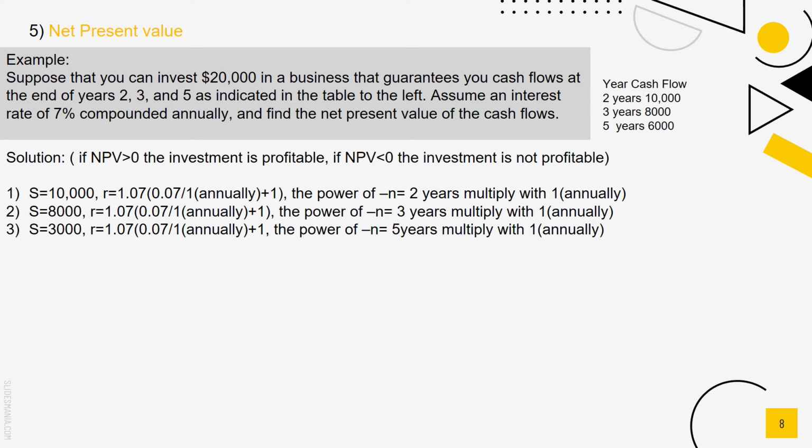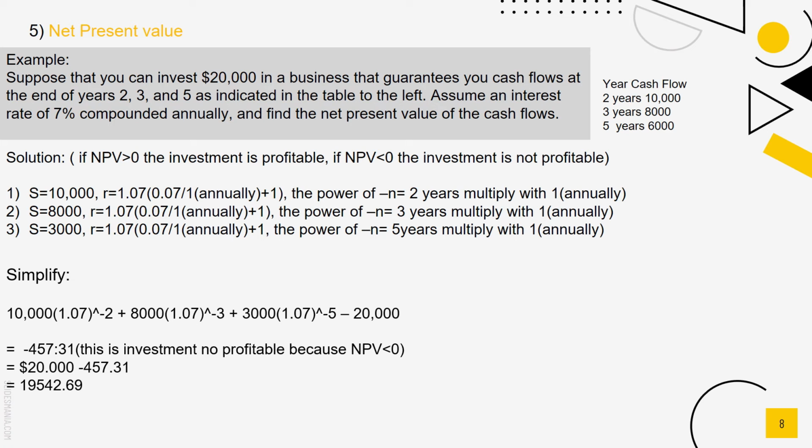The power of negative n is 2, because for 2 years you multiply by one. After following the terms, you can follow the formula, so we can compute that.